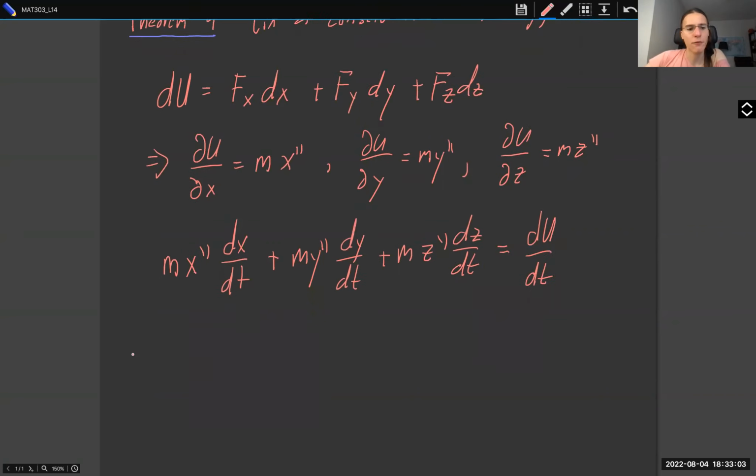So what we do then, therefore, is integrate this. If we're integrating this, it looks like x double prime times the derivative of x.